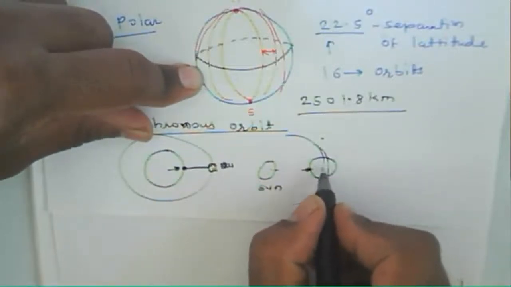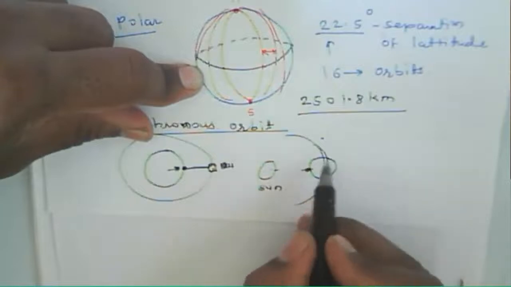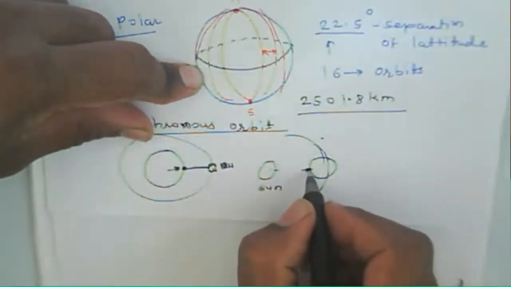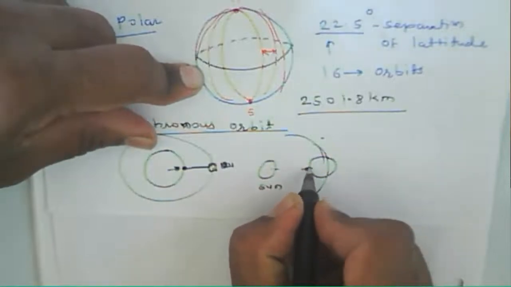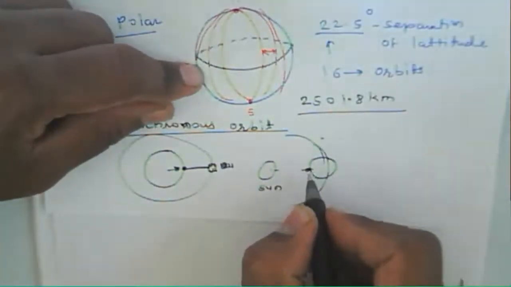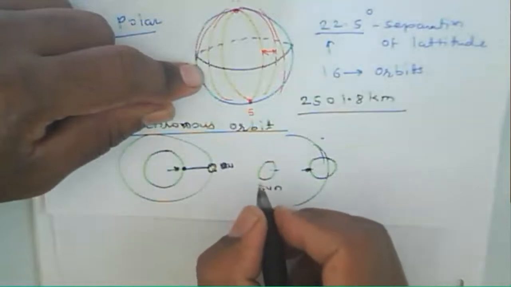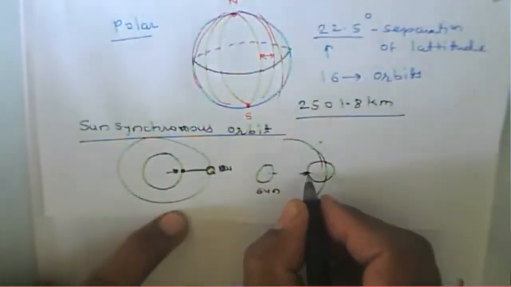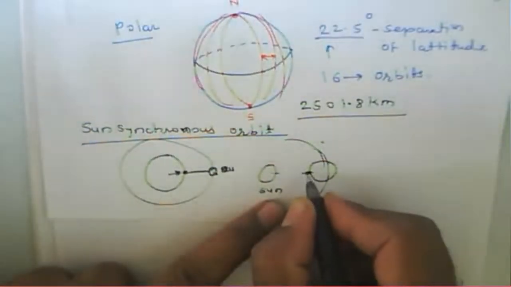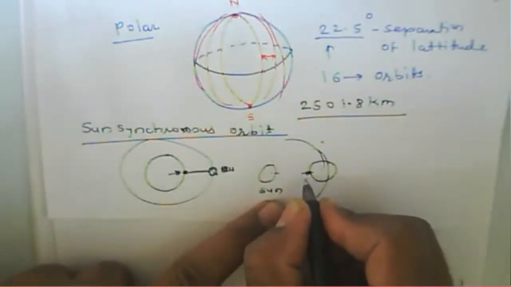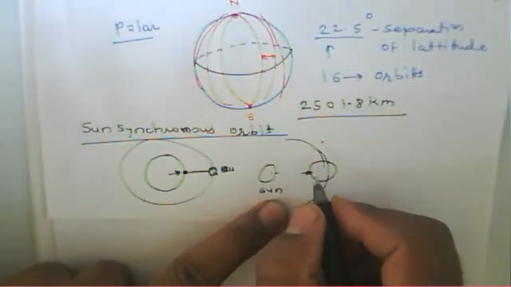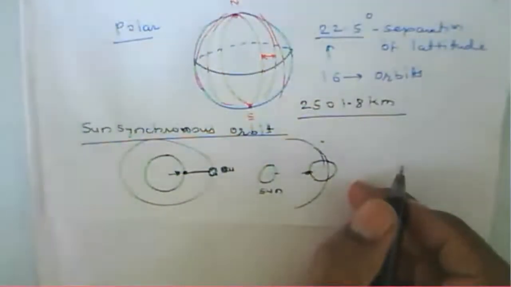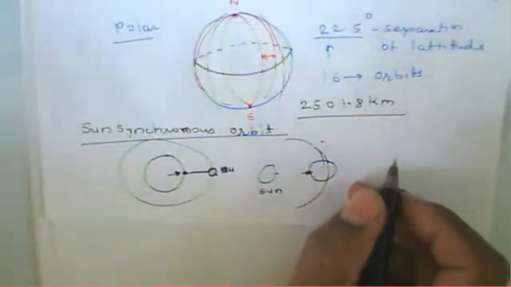Your Earth is rotating about its axis. After 24 hours, the Earth will reach that particular point again, and the Sun will appear again on the top of our head. That takes one complete day, which we call a solar day.